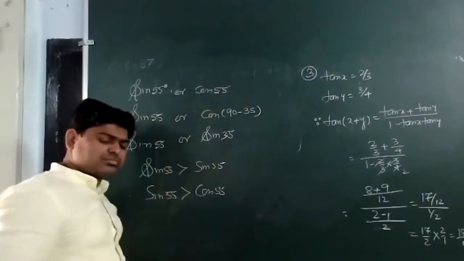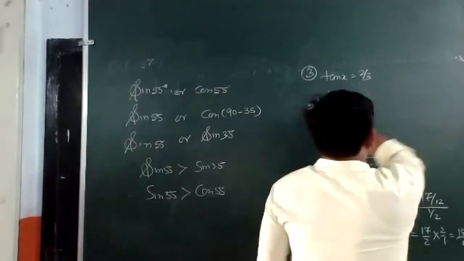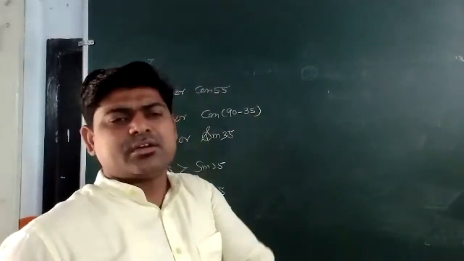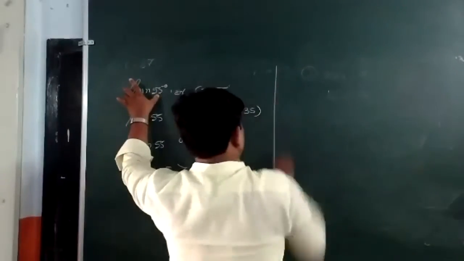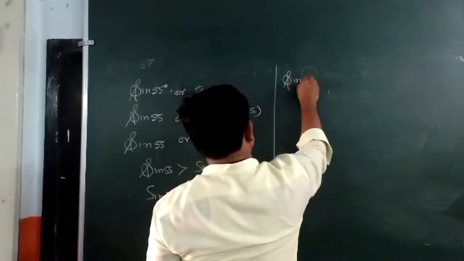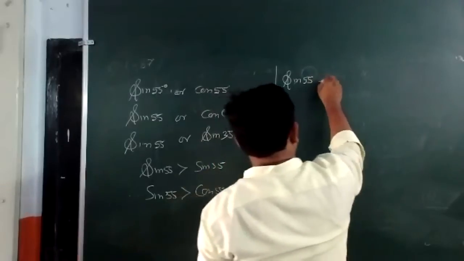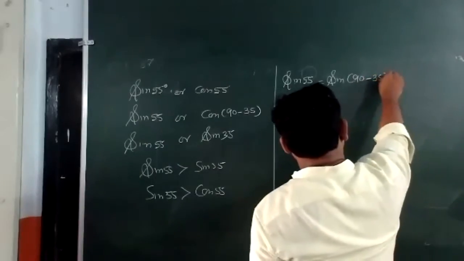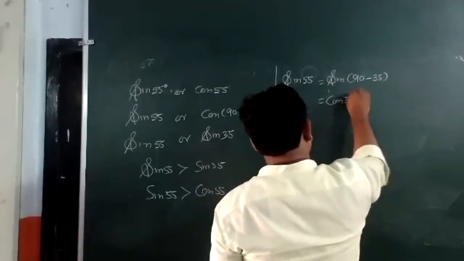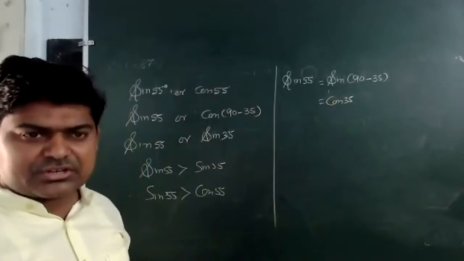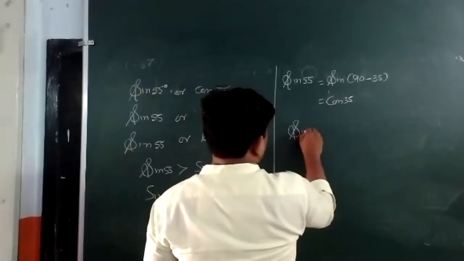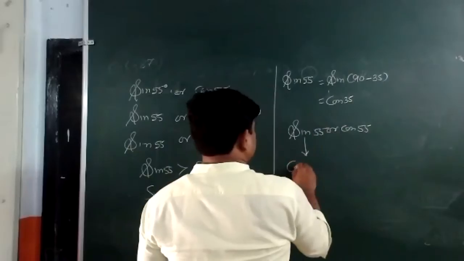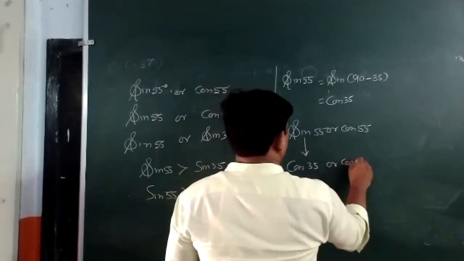Suppose that I am going to do the same question by another method. As I just converted cos 55 in terms of sine, suppose I am converting this one. Sine 55 can be written as sine 90 minus 35, and the result will be cos 35. It means that if I have two values, sine 55 or cos 55, this can be written as cos 35 or cos 55.